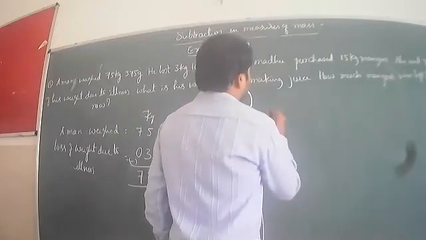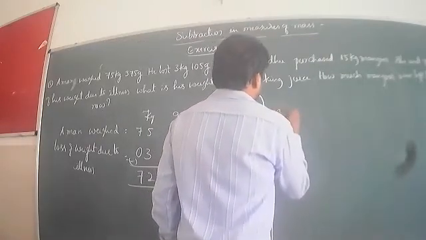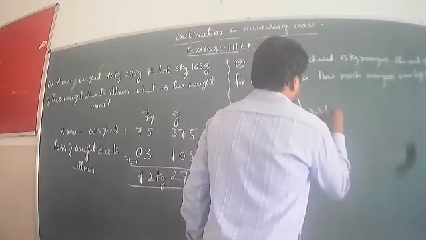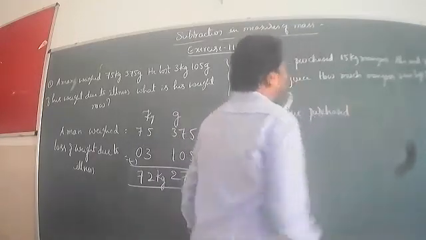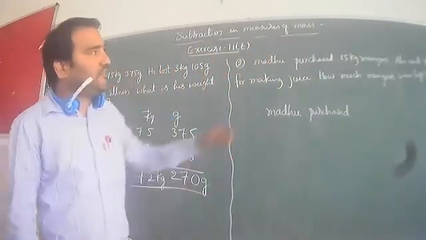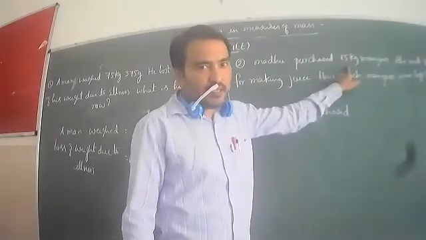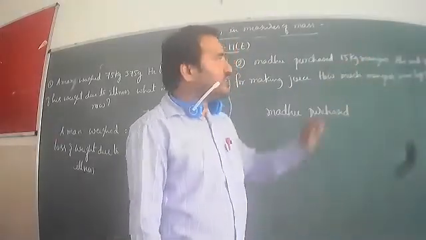Okay. First, Madhu purchased mangoes. How do we compare which one is bigger? Here 15 kg, here 7 kg. 15 kg is the bigger, and the smaller is 7 kg. First we should take the bigger, 15 kg.